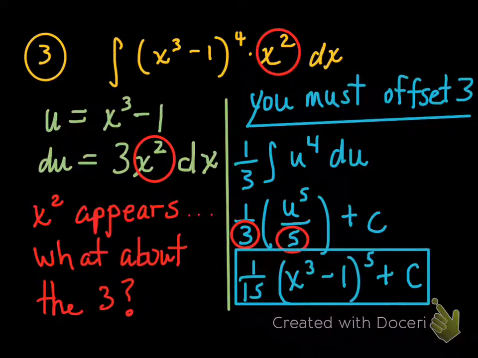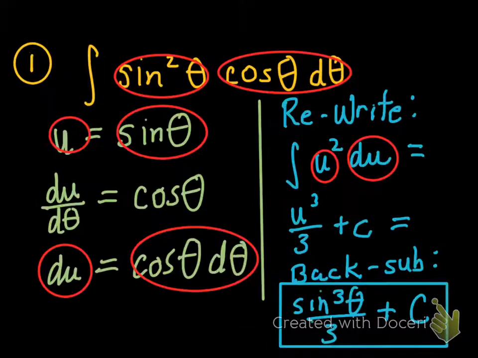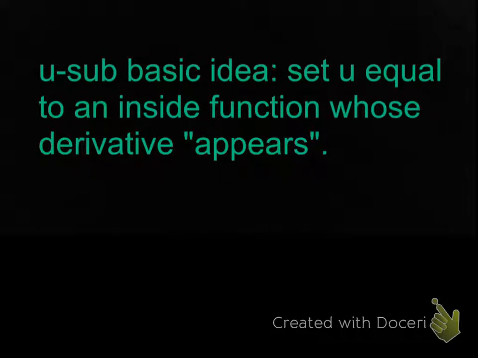That's u sub. Again, the nuts and bolts of a u sub problem. You got to set u equal to an inside function whose derivative appears. Don't force the issue. And the other warning is you can only be off by a constant. You can only offset a constant. No variables allowed in your offset.